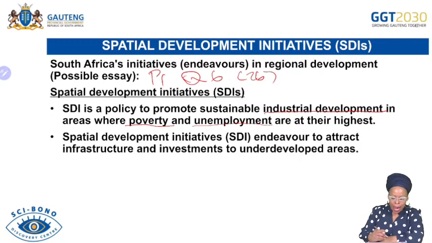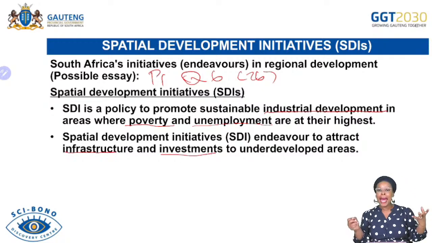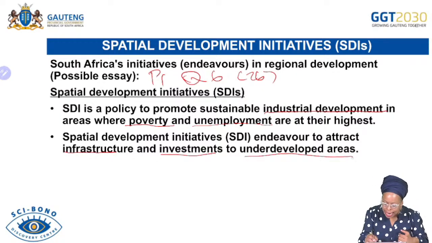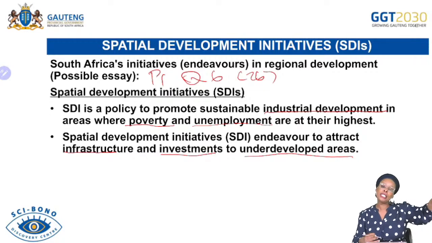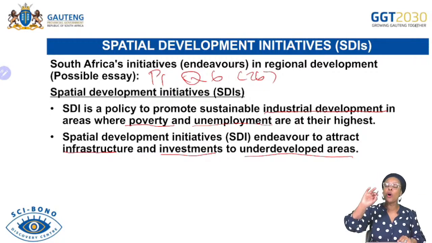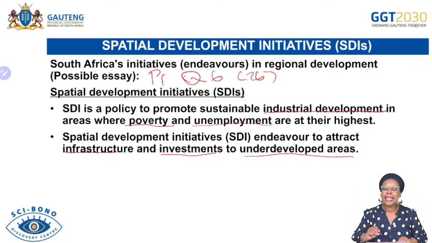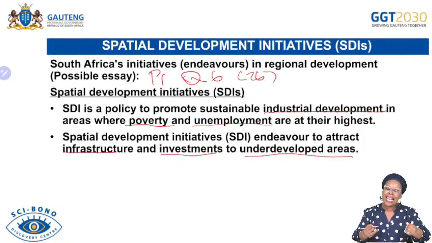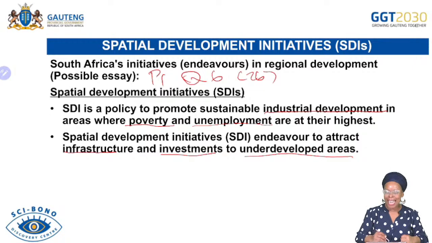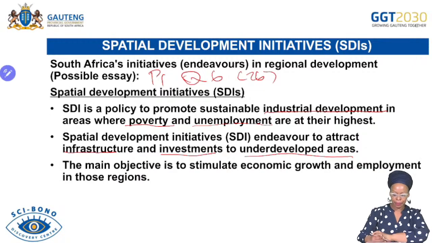SDIs endeavor to attract infrastructure and investment in underdeveloped areas. You do know that South Africa has a dual characteristic. In South Africa, we have developed areas. We also have developing or underdeveloped areas. So as a result, the SDI is utilized to attract investment and infrastructure in the underdeveloped areas.